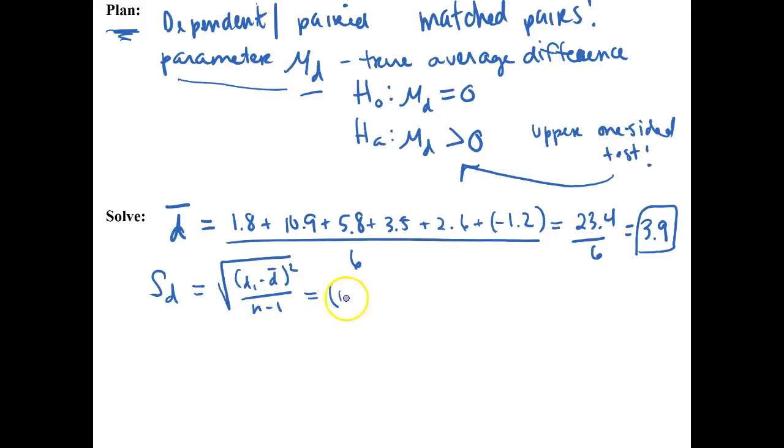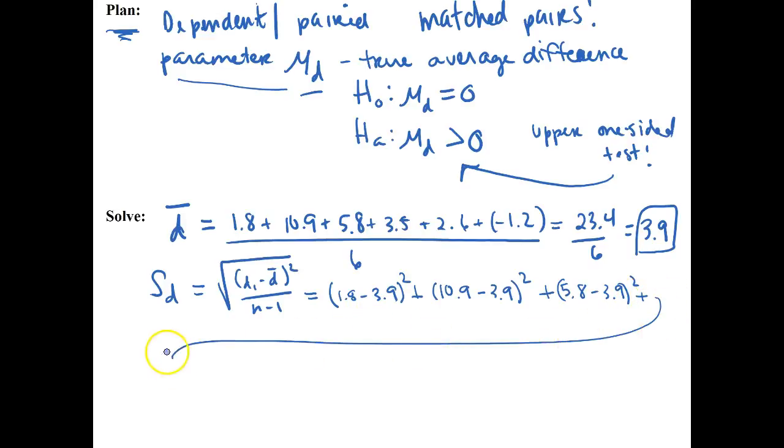This will be equal to 1.8 minus 3.9, so each observation minus the mean, squared, plus the next observation, 10.9 minus 3.9, the mean, squared, plus the next observation, which is 5.8 minus the mean 3.9 squared, plus 3.5 minus 3.9 squared, plus 2.6 minus 3.9 squared, plus the very last one, which is negative 1.2 minus 3.9 squared.